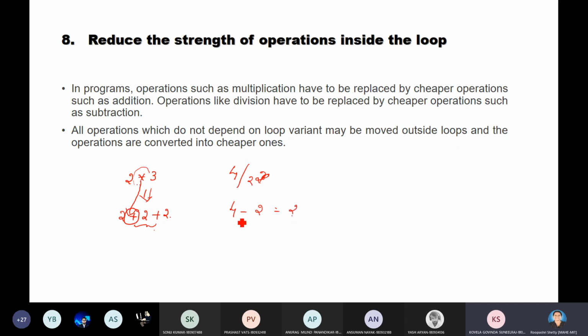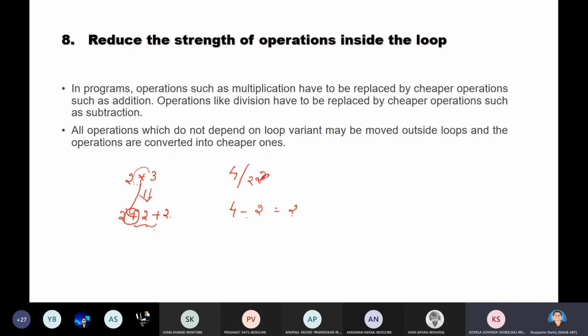So the division can be replaced by its cheaper operation called subtraction. So when an operation can be replaced by cheaper operations, this reduces the strength of operation.